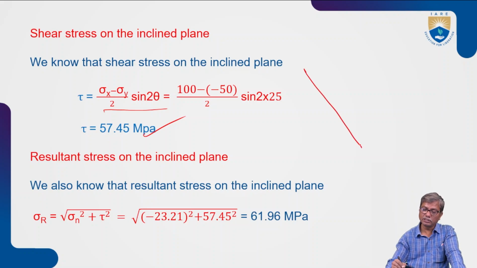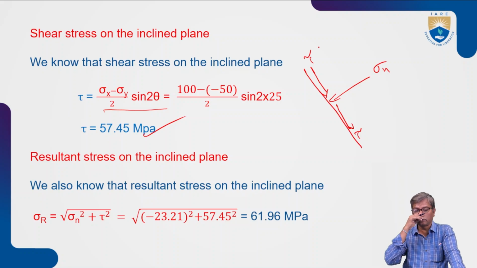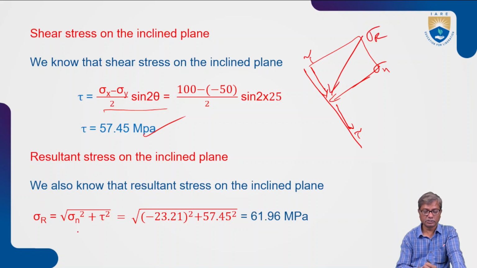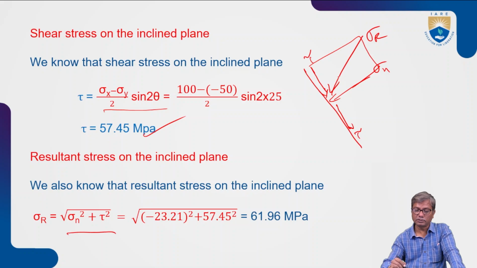Okay. So on this inclined plane, now we have sigma n and tau. So tau is acting downwards. What will be the resultant? Yeah, this is resultant stress, sigma r, which is obtained by this.